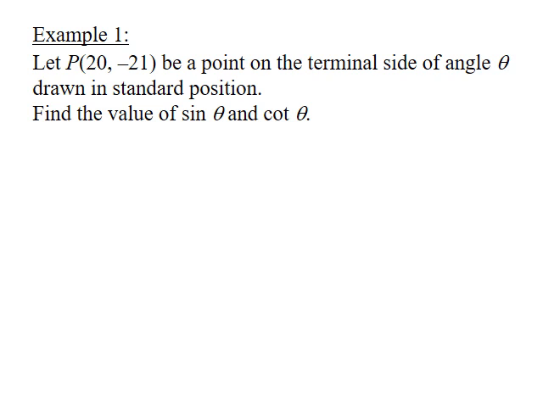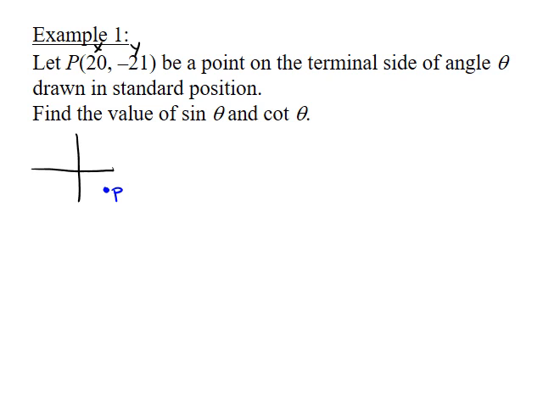Let's take a look at this example. We have an ordered pair, just a regular ordered pair, where this is x and this is y. It is a point on the terminal side of angle theta, drawn in standard position. If I go ahead and draw this, point P is (20, -21), which would be somewhere over here.